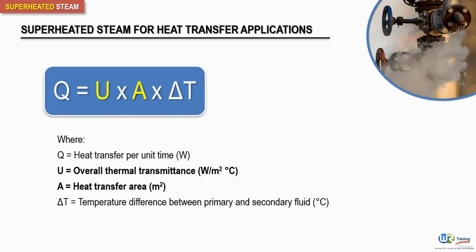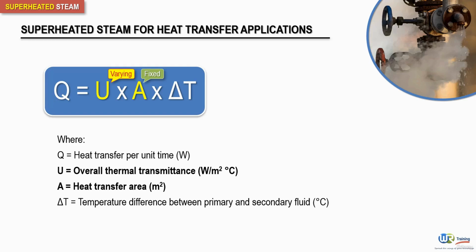Now, for any single application, the heat transfer area might be fixed. However, the same cannot be said of the U value, and this is the major difference between saturated and superheated steam.